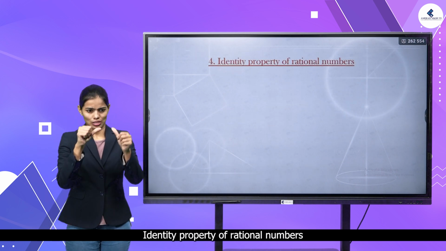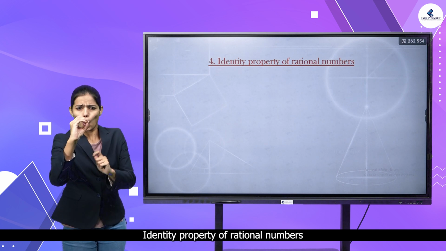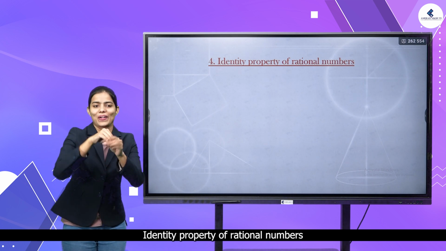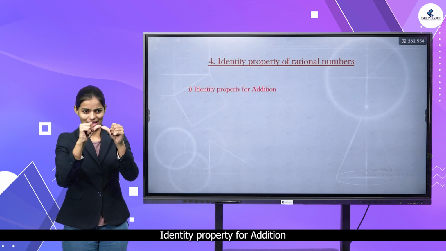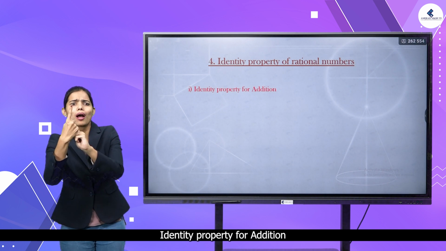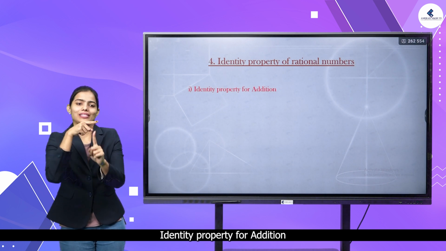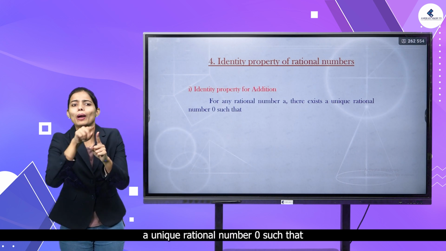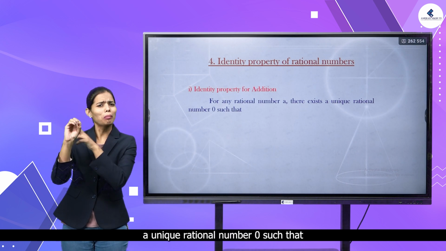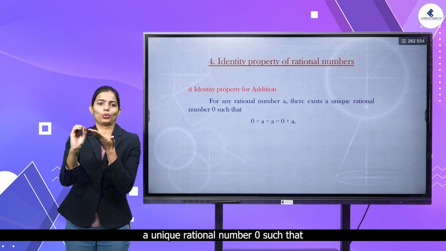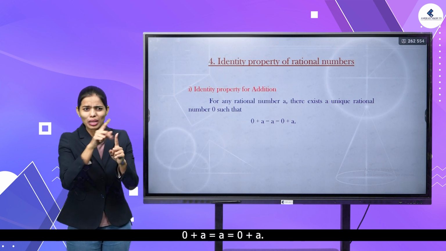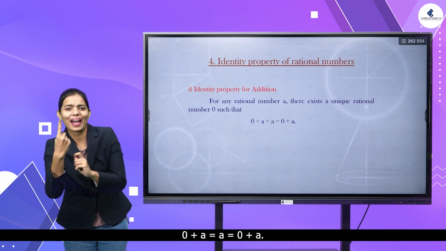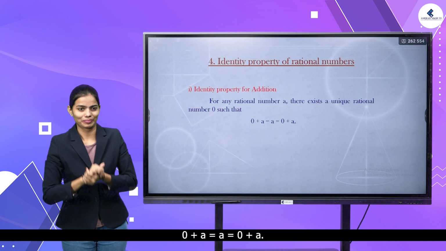Identity property of rational numbers. Identity property for addition. For any rational number a, there exists a unique rational number 0 such that 0 plus a is equal to a is equal to a plus 0.